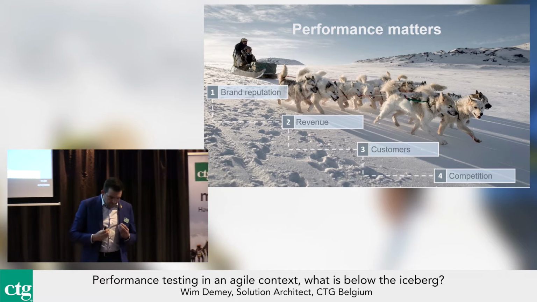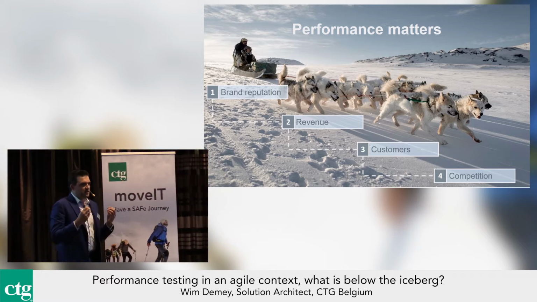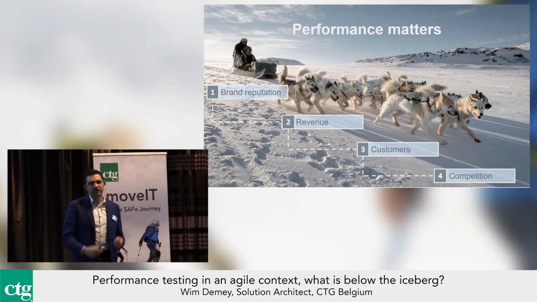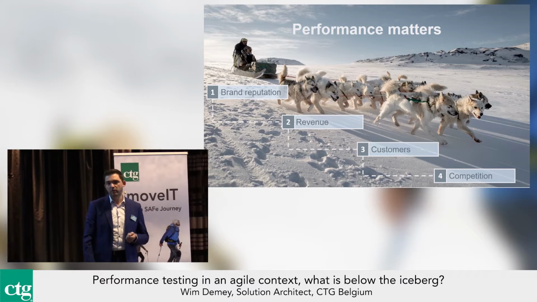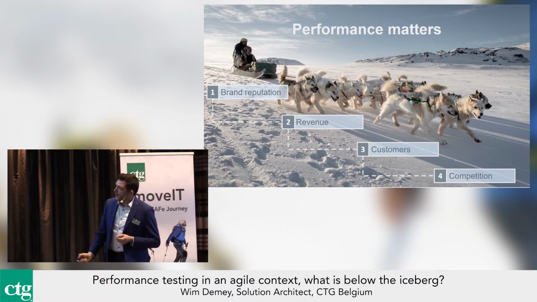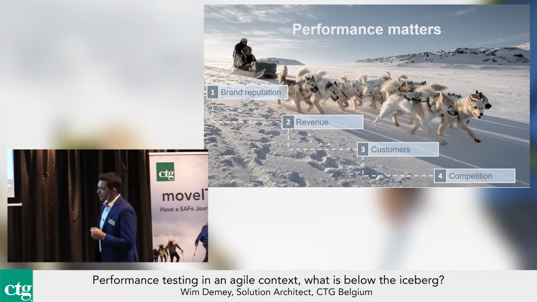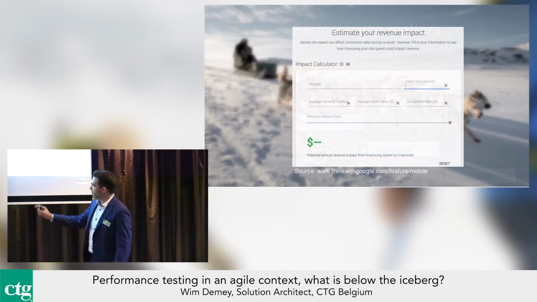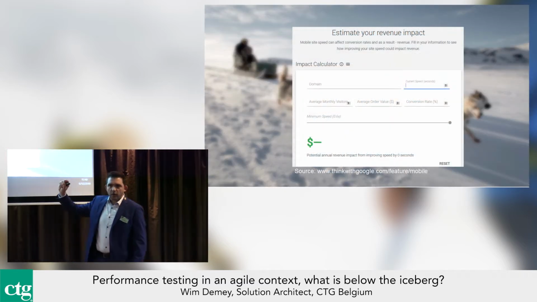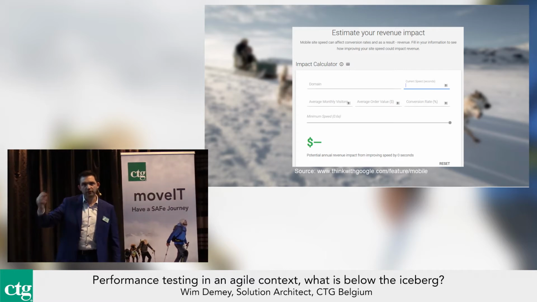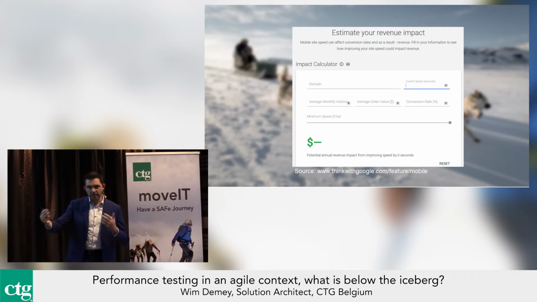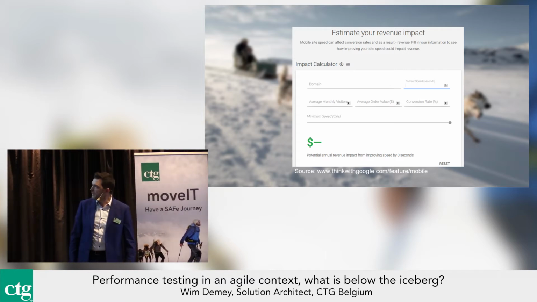However, what makes it difficult to make it tangible? Okay, what does it mean if my website is 1 second slower? To help you, I found an interesting tool from Google. With a few parameters, you can get at least a first rough estimation of the impact on your revenue.